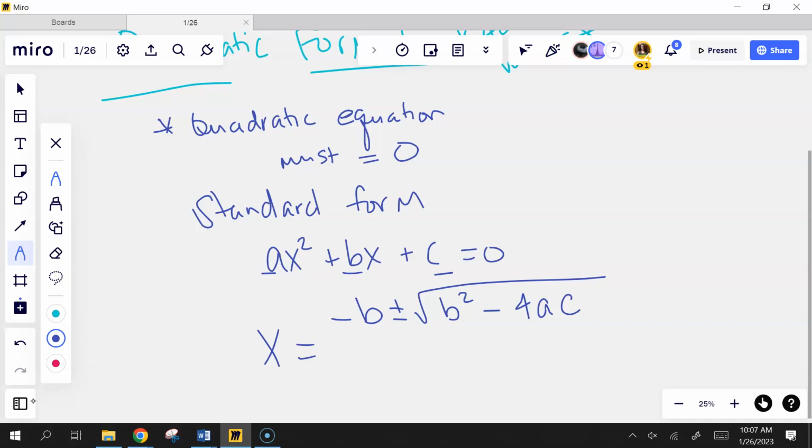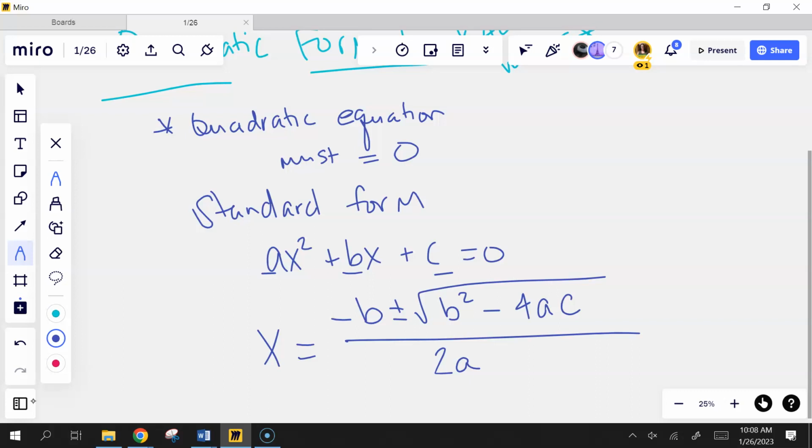Yes, that's why you're going to do a song to help you remember it. All over 2a. Everything goes over 2a. Everything we did before is in the numerator. 2a is in the denominator.